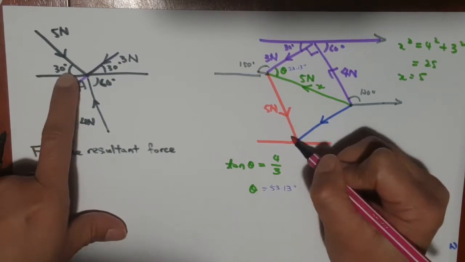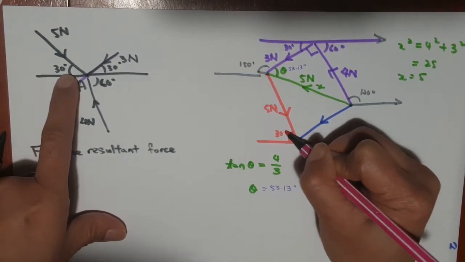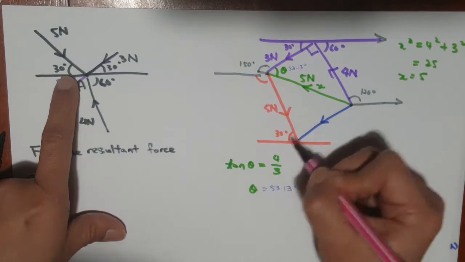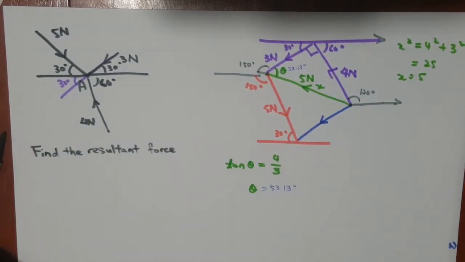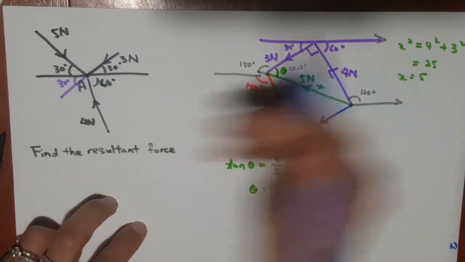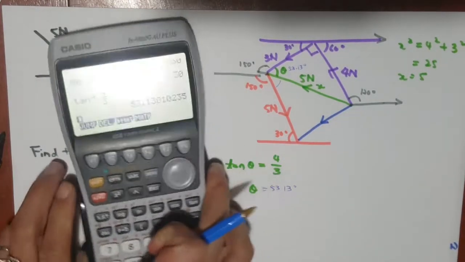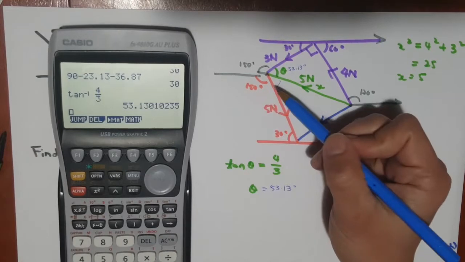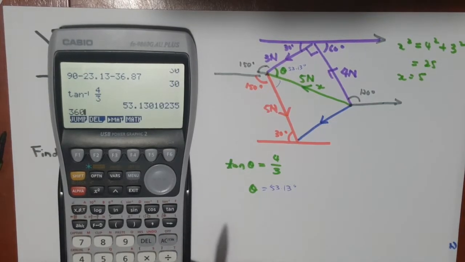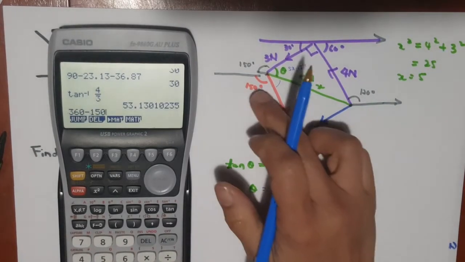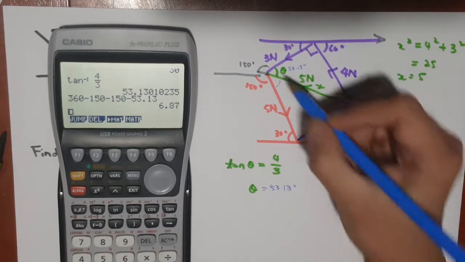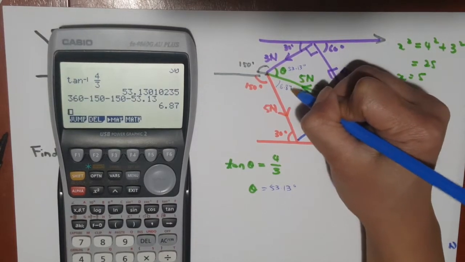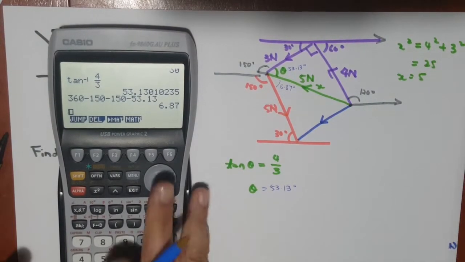So that's 30, and this will be another 150. So I can find the value of this angle here. This is one whole revolution, so that's 360. Take 150 here, take 150 again, and take 53.13. I get 6.87 as this tiny angle here.